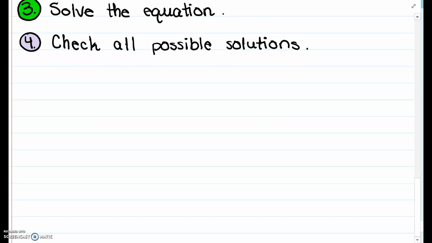So now let us take a look at more complicated examples and apply the steps we just learned. So we have the fourth root of 3 minus 8x squared equals 2x.